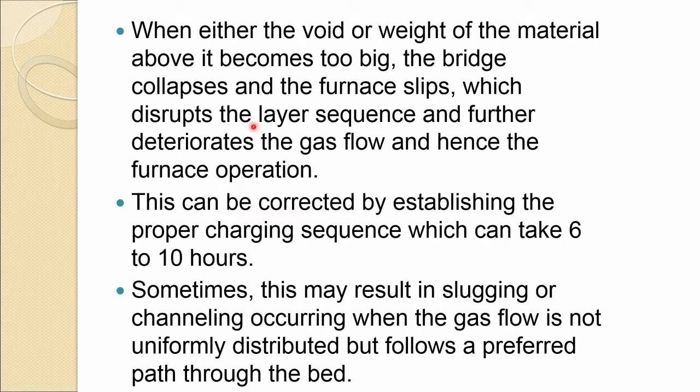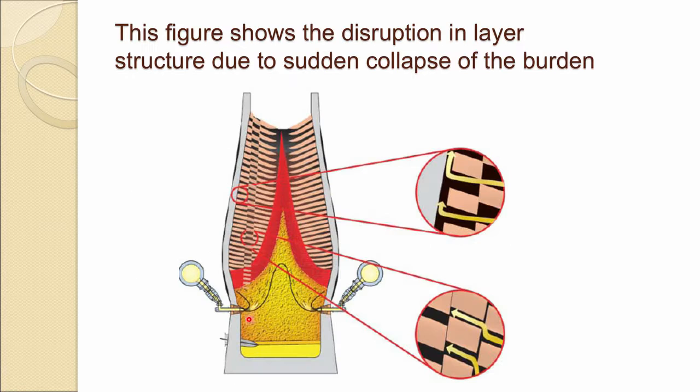So, really quite a loss in the production and the efficiency of the process, and sometimes this may result in channeling, which occurs when the gas flow is not uniformly distributed but follows a preferred path through the bed. So, it can even go to the channeling mode, where the gas is flowing through the least resistant path in one preferred direction. Then you are not able to utilize the proper reduction potential of the gas and heat transfer capability.